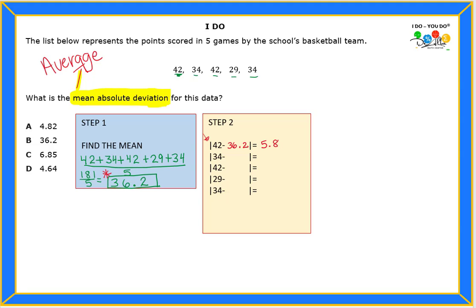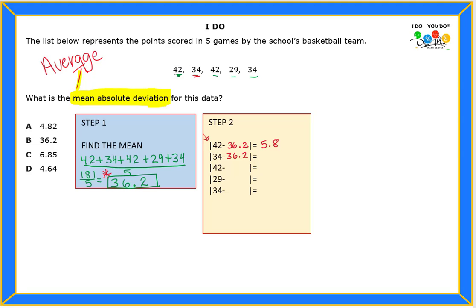And you write it down right there. Okay? Now we're going to do the next one. Now I'm going to go to 34, and I'm choosing the numbers from up here, guys, right? So my second number is 34 minus 36.2. And like I said, if you want to pause the video so that you can write down this little table, that might really help you out, okay?